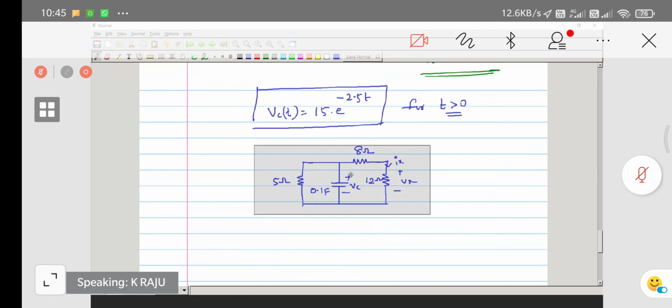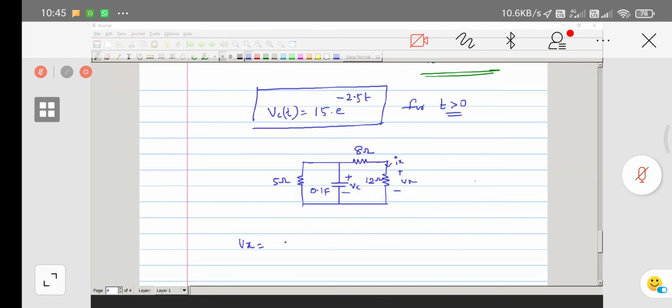The voltage division rule states that when a voltage is connected across series connected elements, the voltage can be divided. The voltage across the capacitor is 15 e to the power of minus 2.5 t. Now this voltage is connected in series to the 8 ohm resistor as well as the 12 ohm resistor. Here you can apply the voltage division rule.